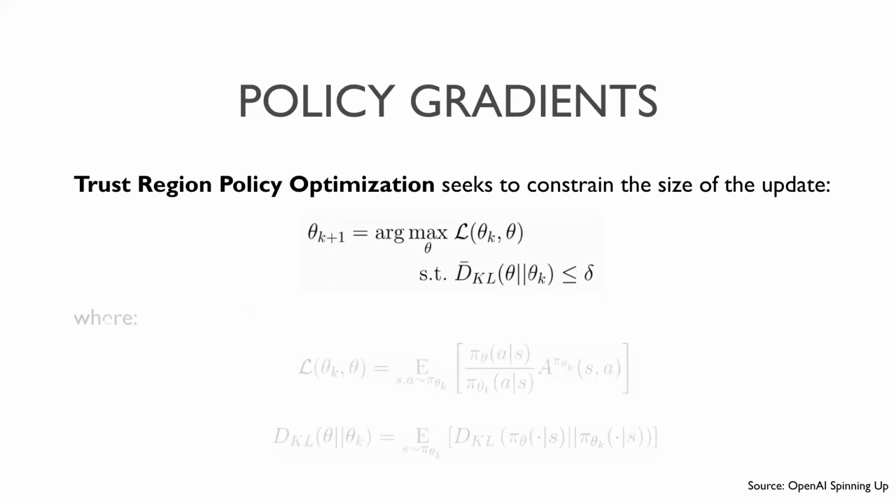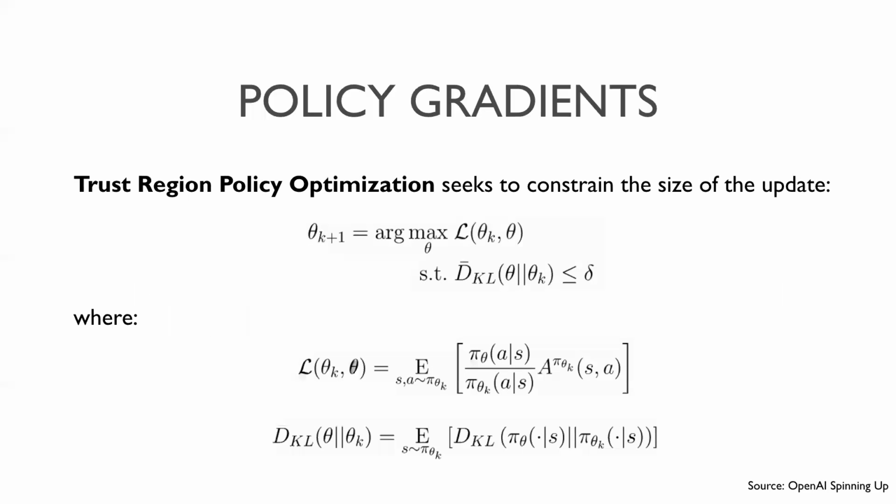So usually methods for trust region policy optimization do something like this, which is taking a step at every time step that maximizes the local approximation of the reward function, of the expected value function, subject to some KL constraint. So here is how you would optimize something like this. This is all a review, let's say.